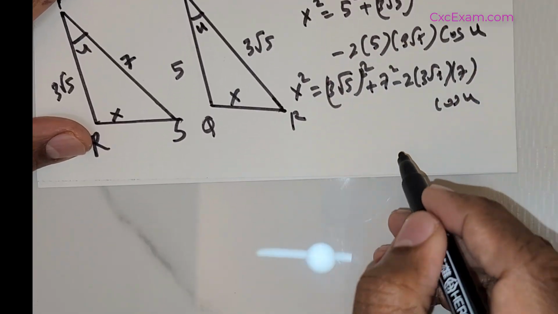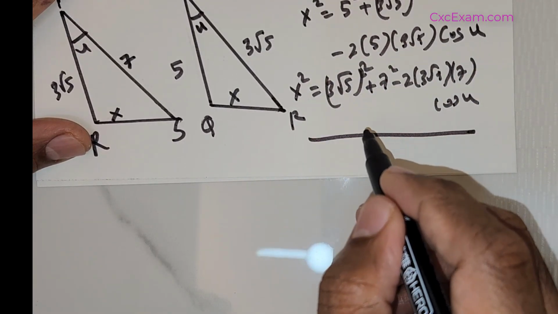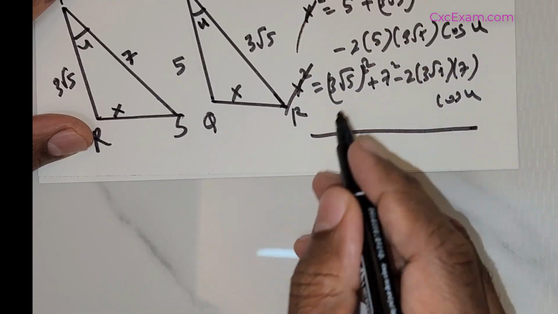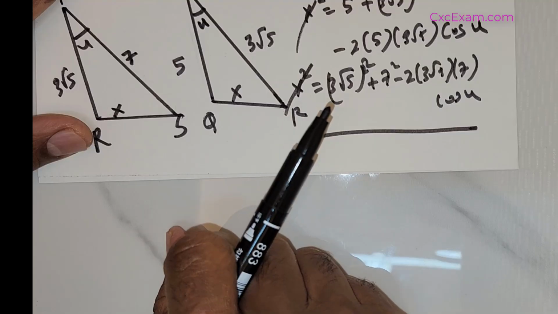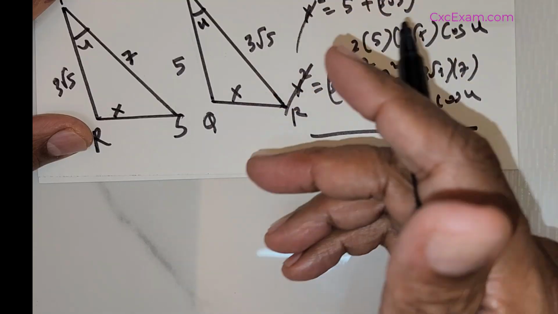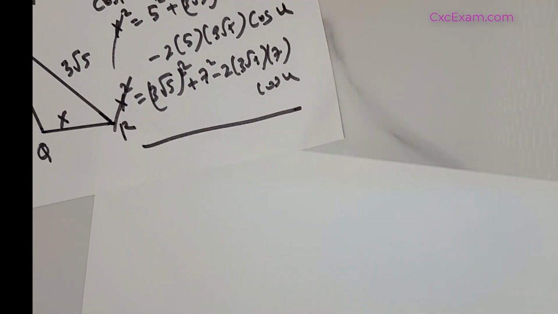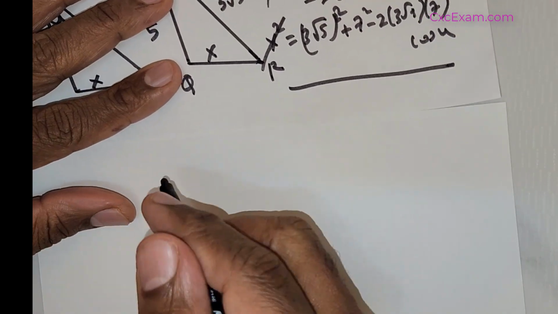So you subtract both the systems. So what do you get? You have X squared getting cancelled. If you had to equate, I'm going to write it like this.